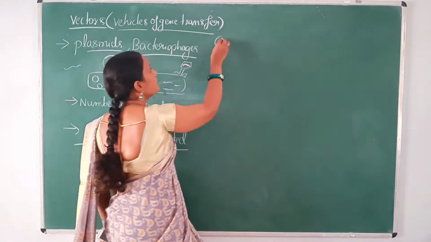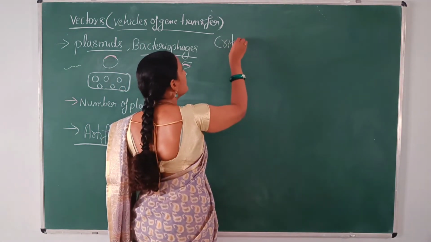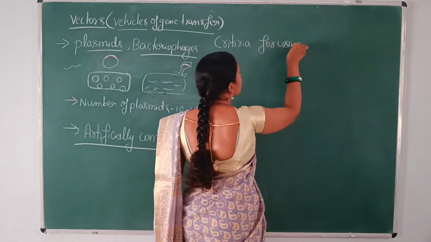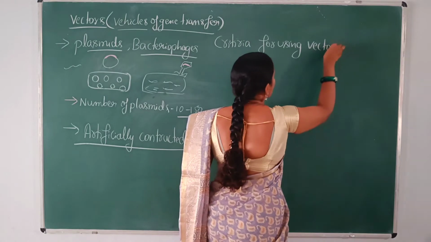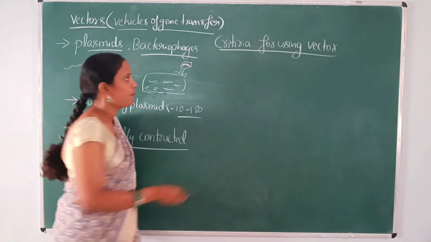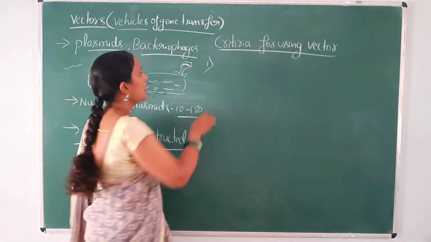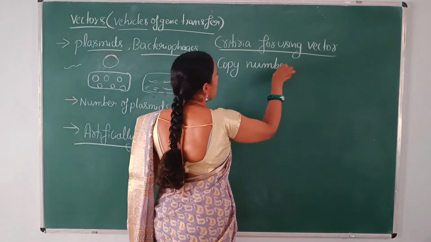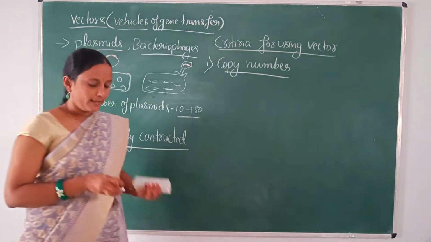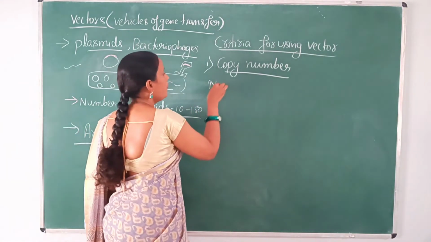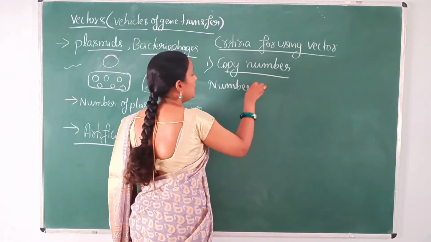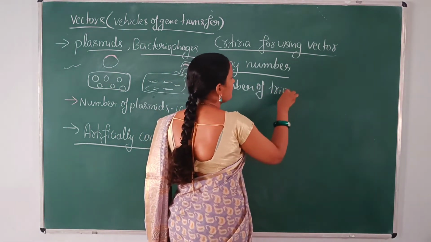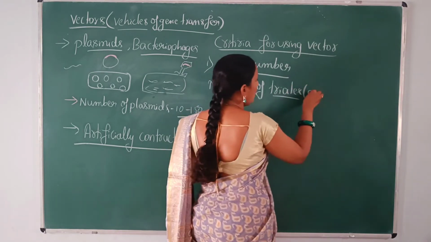Criteria for using vector in constructing a recombinant cell. The first criteria could be copy number. Copy number is nothing but number of traits, or we can call genes.